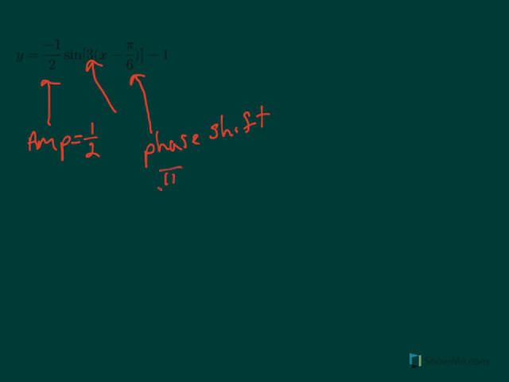So pi/6, and it's positive, so we're going to expect it to go to the right. And then we also have a d value, which is our vertical shift. That's going to go down 1 unit. So we're going to go down -1 on our graph.